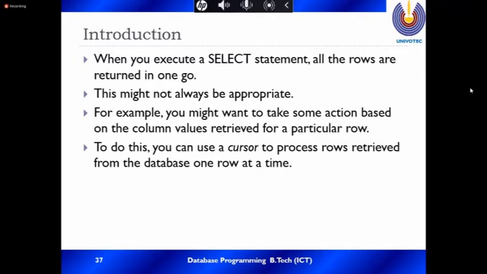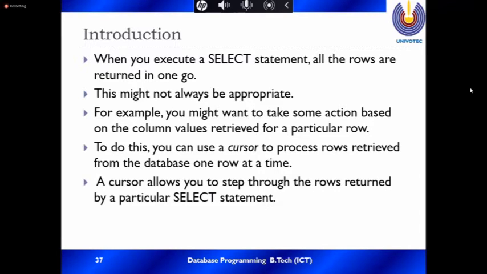At a particular time only one row is retrieved. If you use a select statement, immediately you get the whole record. But in some situations you want to get one record, one row, at a time. Then we use the cursor process.